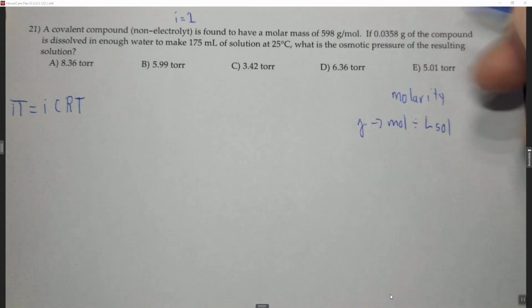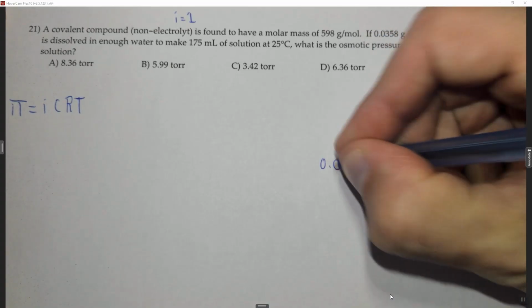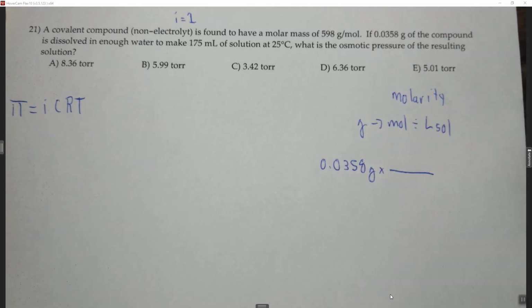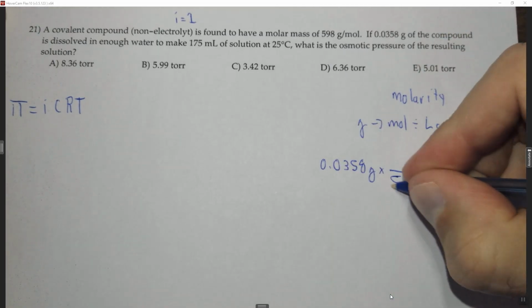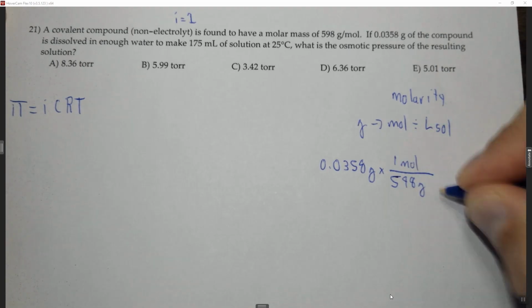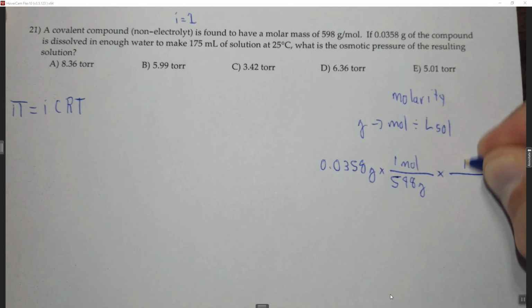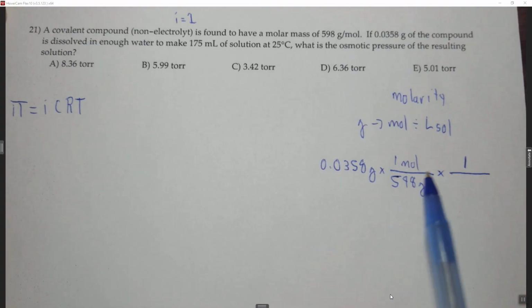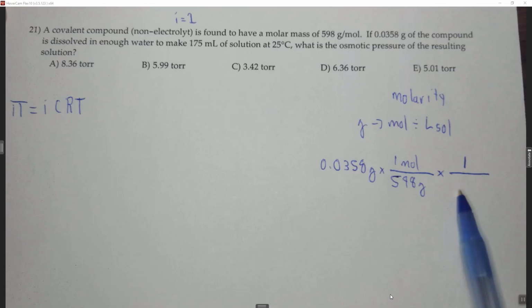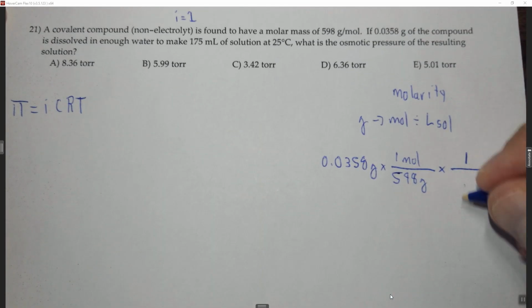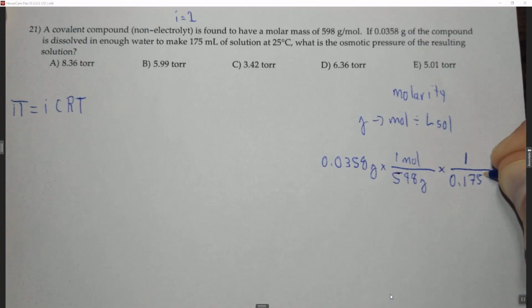So if we start with the grams, this is 0.0358 grams of this compound, times, we put the molar mass on the bottom, the 598 grams on the bottom, the 1 mole on the top, times a unitless 1, just like when we were calculating molality and molarity before. This just moves the moles over, and then we have to put the volume in liters on the bottom. So not 175 milliliters, but 0.175 liters.